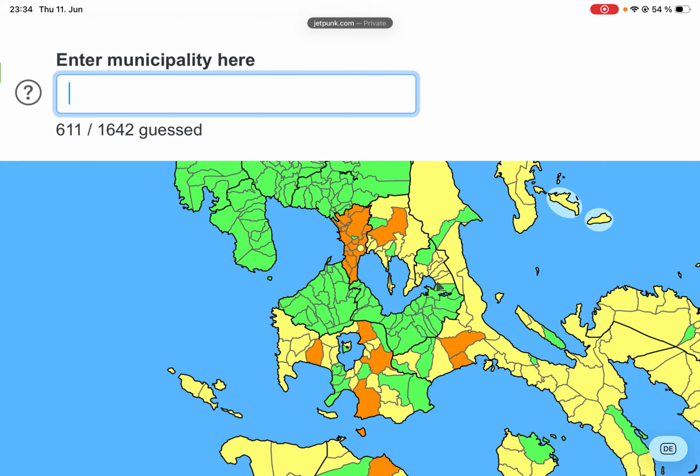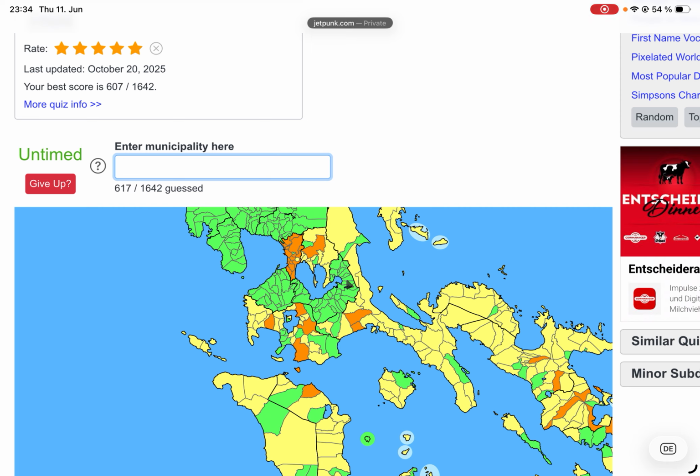We already named Kalayaan right here. So this should be Paete, Pakil, Pangil, Mabitac, Famy, and Siniloan. And that's it for Laguna province.